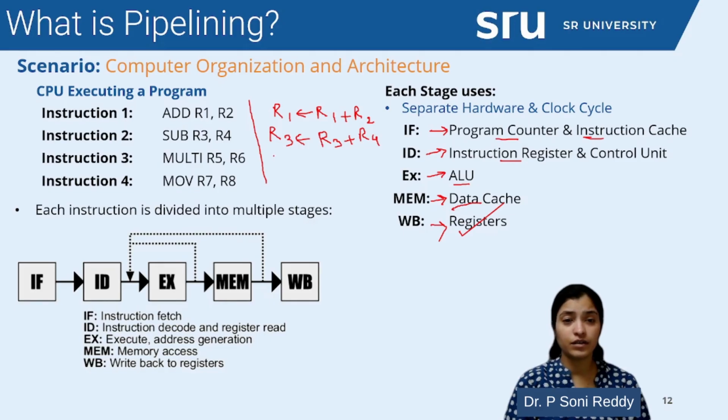In the third instruction, we are doing R5 into R6, and in the fourth instruction, we are simply moving the data value from R8 to R7.